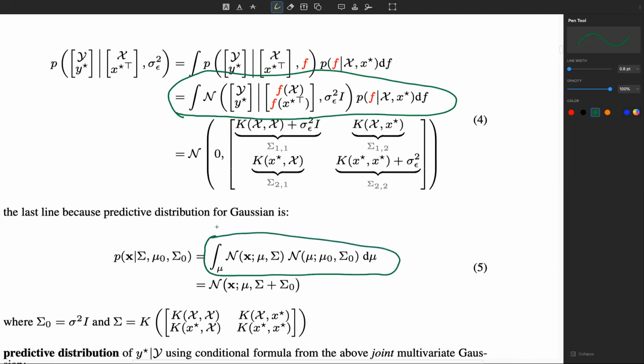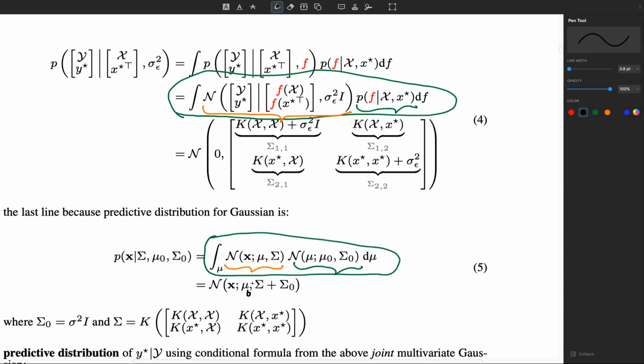So this corresponds to this, and this corresponds to this. Although I didn't write it out, it's also Gaussian by previous definition. Again, I wanted to emphasize I made a mistake here. It should be mu 0.